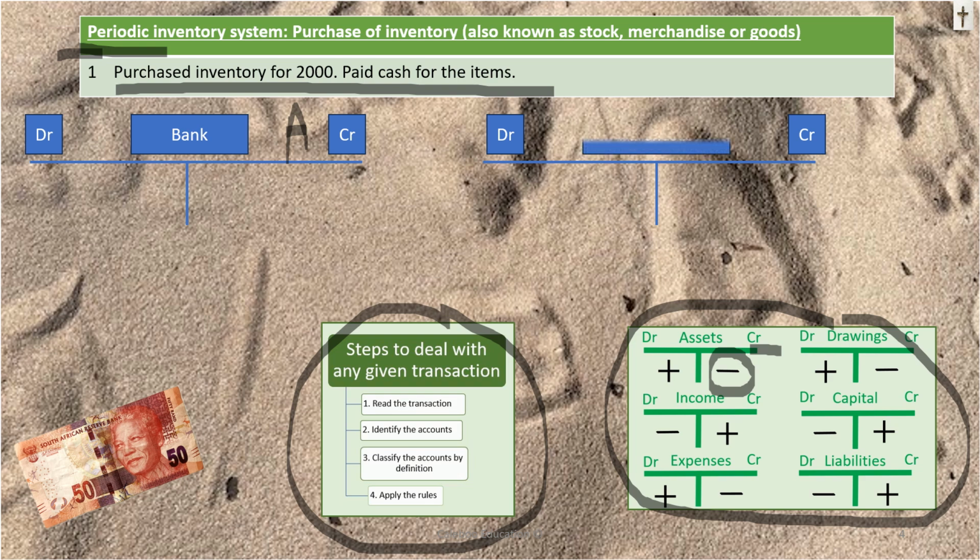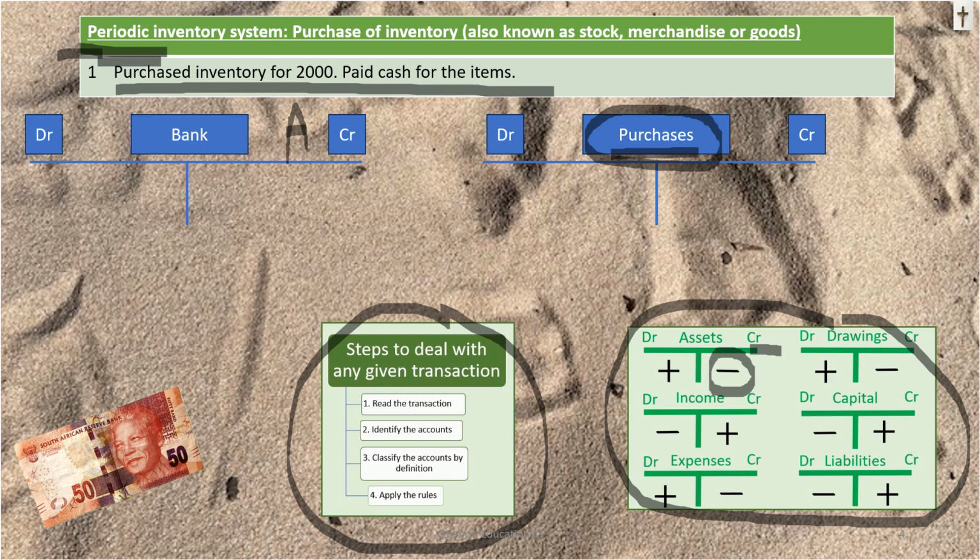But first of all, what is the other account? And this is very important. Any movement in stock during the financial year in the periodic inventory system goes through an account called purchases, not trading inventory, an account called purchases.